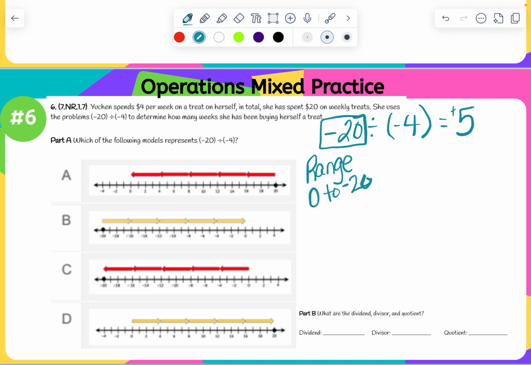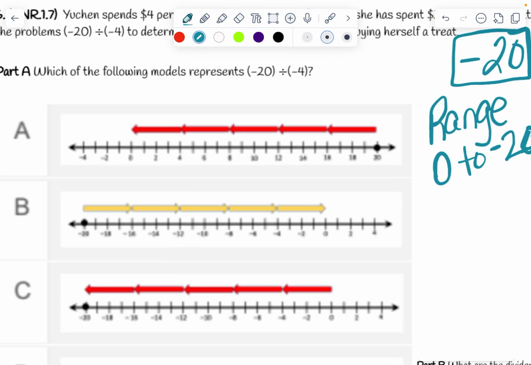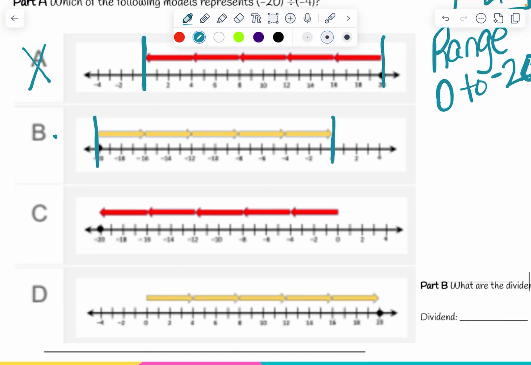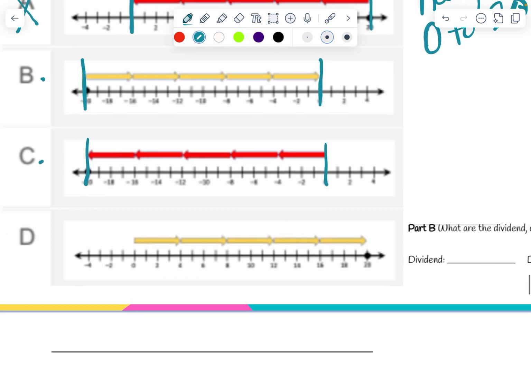Okay? So we look at our models. I'm going to make this a little bit bigger. It's a little blurry, but here's 0. This one goes from 0 to positive 20. That cannot be the answer. This one goes from 0 to negative 20. So that's a possibility. This one goes from 0 to negative 20. That's a possibility.